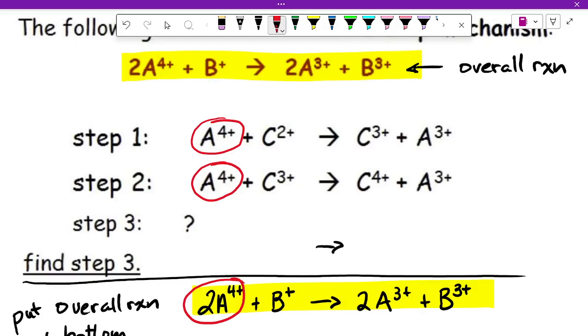I want them there. Yes? Is there anything else that I have in my products or my reactants that is also in the overall reaction? I've got A3+. So I've got this here, I got this here, and I've got it here.